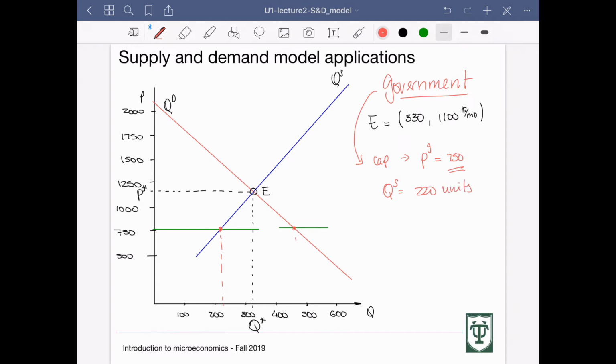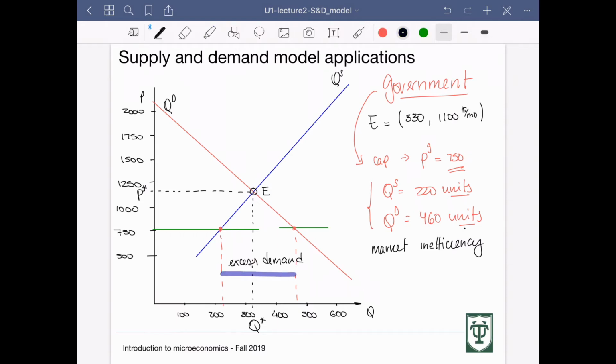And at that same price, demand is for about 460 units. So when the quantities supplied and demanded are not the same, we find ourselves with a market inefficiency, a place where we have, in this case, excess demand.